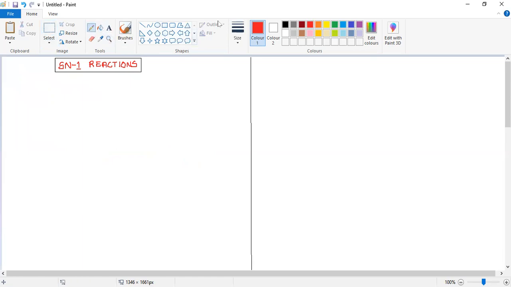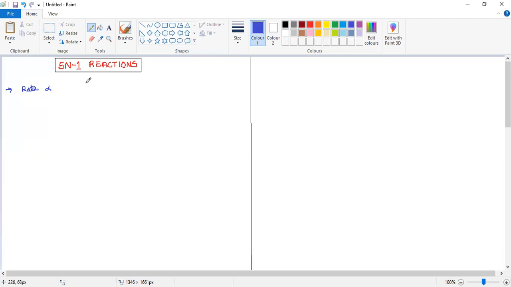In this SN1 reaction, the first point is the rate of reaction. I already told you in the previous part that in SN2, the rate of the reaction depends on two molecules.